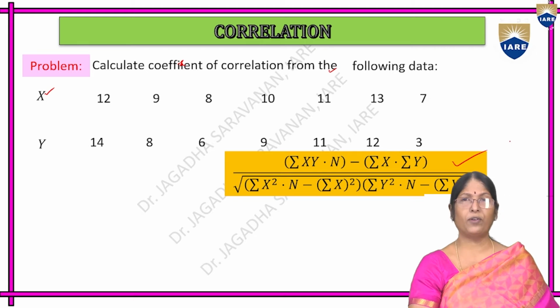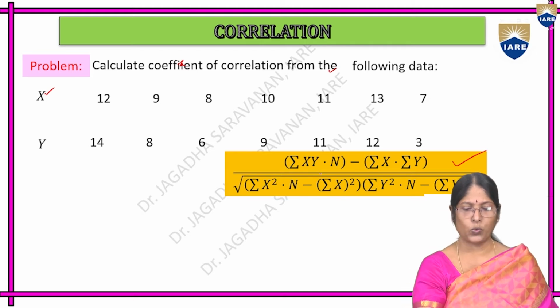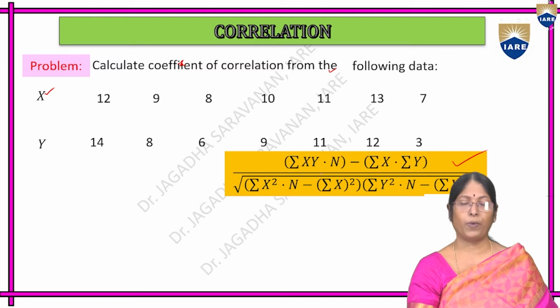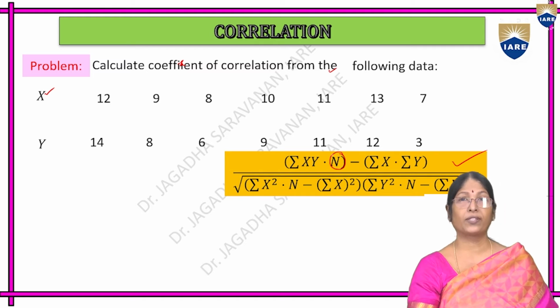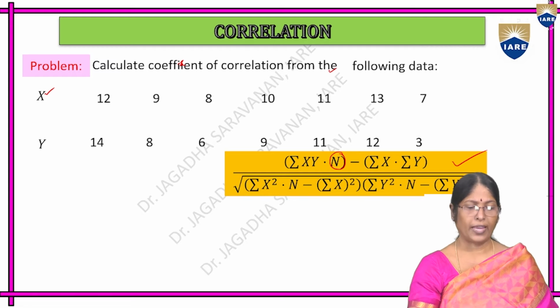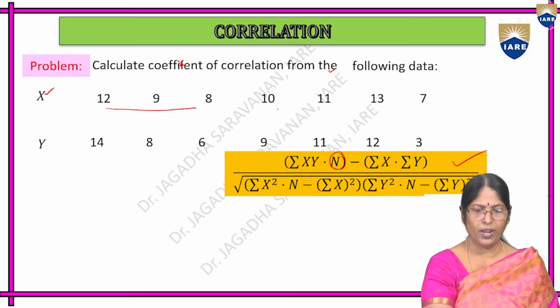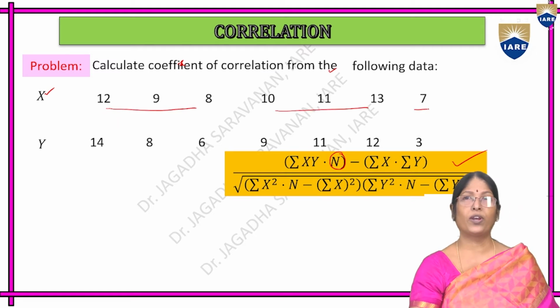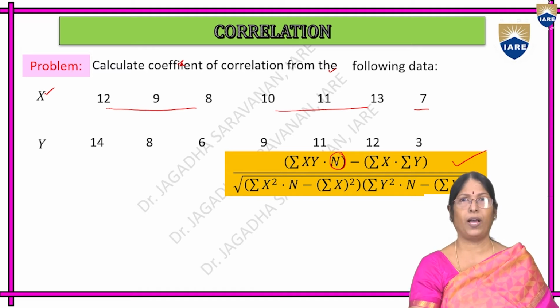He defined a formula that is summation xy multiplied by capital N. What is the meaning of this capital N? The capital N is nothing but the number of paired data. Here we have totally 7, so N we are going to replace by 7.